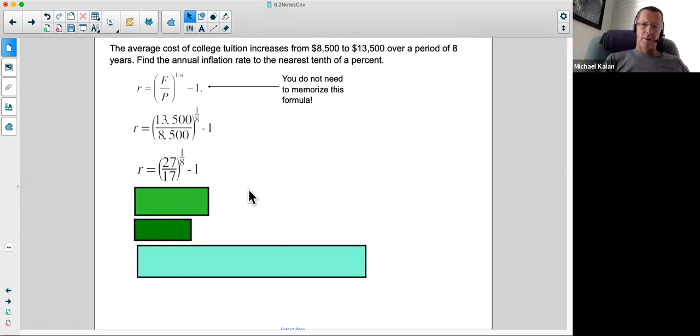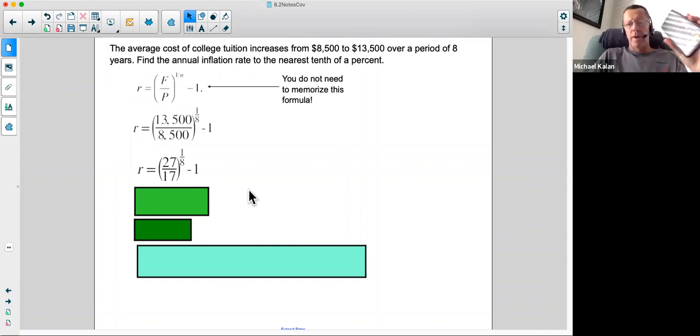And basically what I can do is I can just leave that there. I can hit that X to the Y button. So that's going to make the 1.588 my base. And then by hitting that button, it's now saying enter your exponent in. Well, what's 1/8? So I could put a parentheses and then 1 divided by 8 end parentheses, and then hit equals, and I would get this.